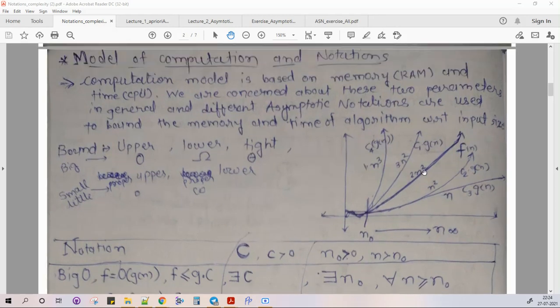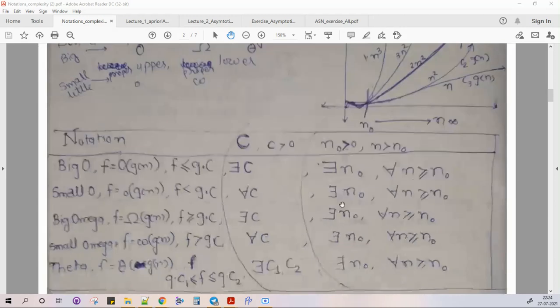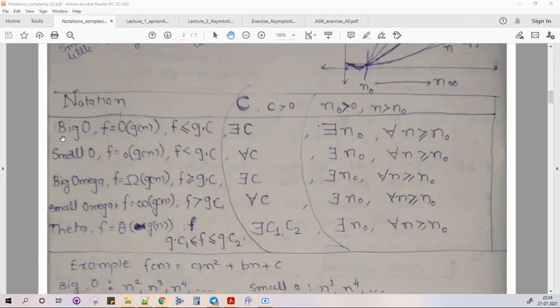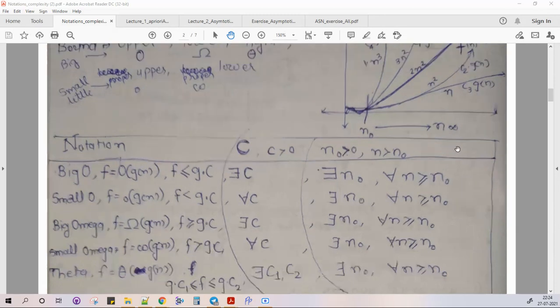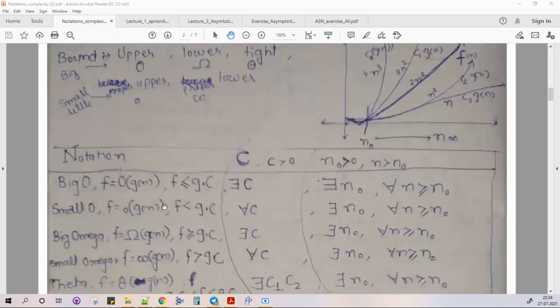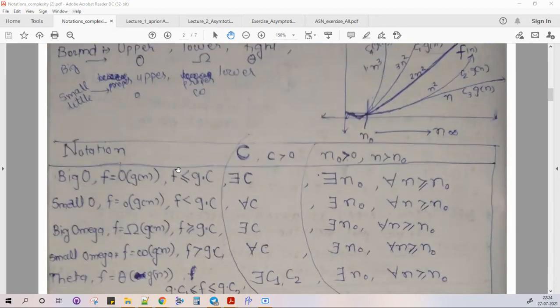See, if I have a function f of n, big O is defined as follows. Function f is said to be order of g of n if f is less than g multiplied by c, for some c, not for every c.